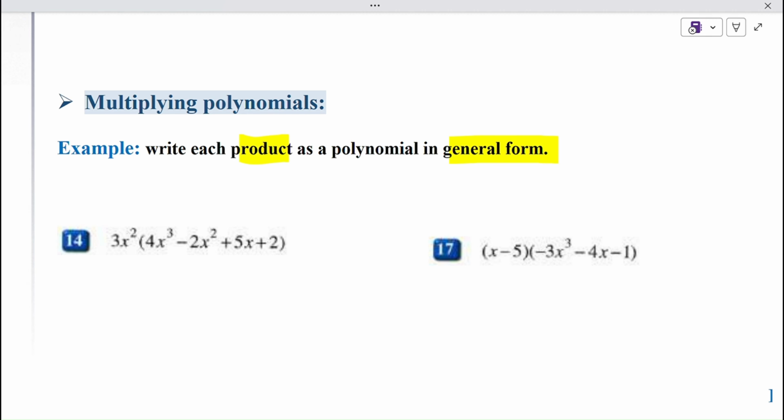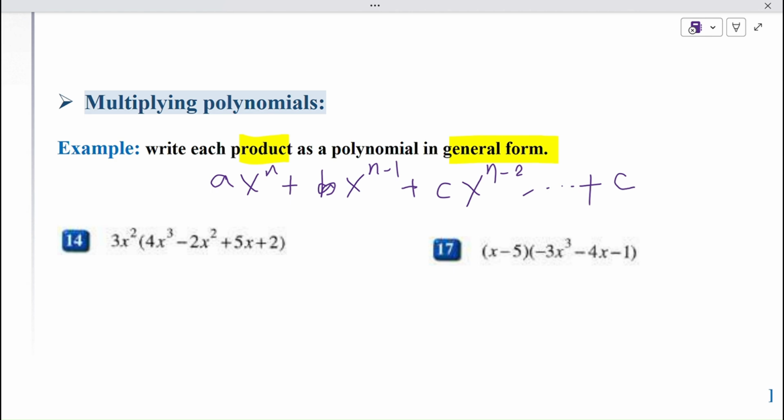It means we have a x to the power n, plus or minus b x to the power n minus 1, plus c x to the power n minus 2, till the constant.